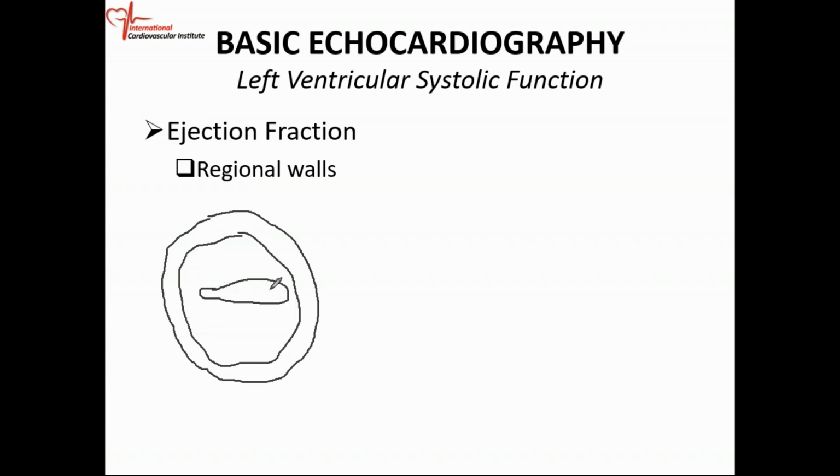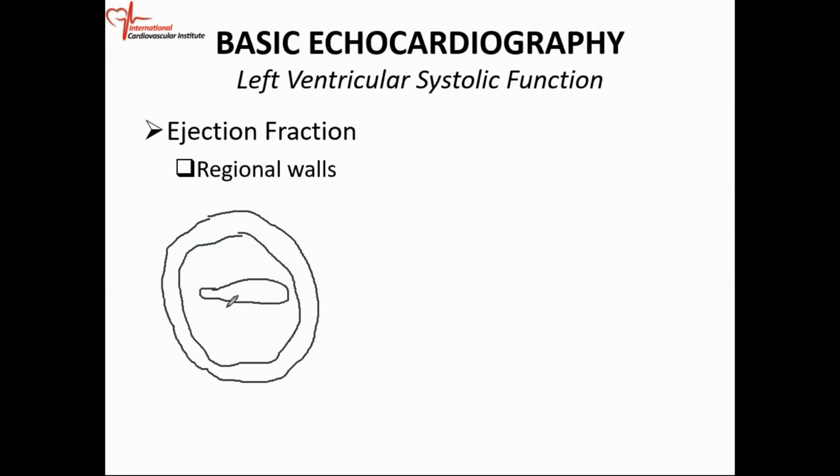This is the mitral valve, the anterior leaflet is there, the posterior leaflet is there. Of course, we introduced this concept when we did scanning views. This is the anterior wall, this is the inferior wall, this is the lateral wall, and this is the septum.